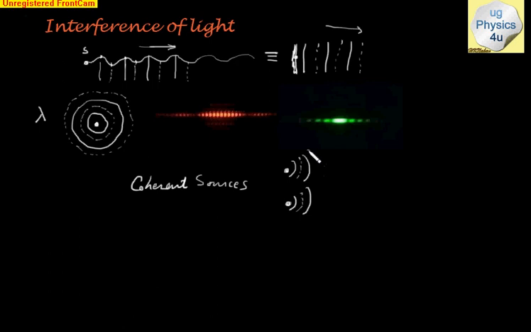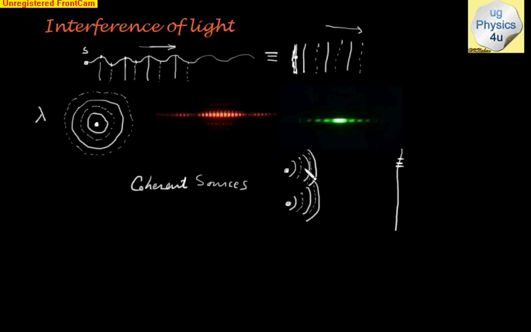These wavefronts will keep on expanding, and these solid lines and dotted lines will meet, and at a certain distance on the screen you will find brightness, then darkness, then again brightness, then again darkness, and again brightness. Such a pattern you will obtain on the screen.